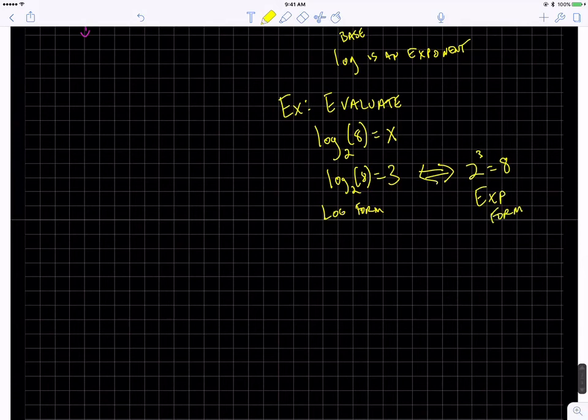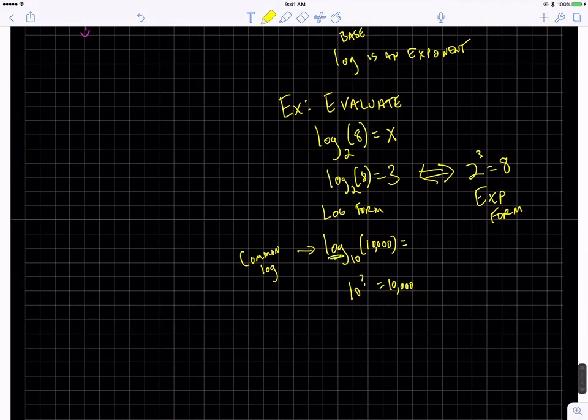Okay? So we'll try another one. Log base 10, which is called the common log, of 10,000. We want to evaluate that expression. It's really saying, what is the exponent of base 10 that would equal 10,000? Remember, that's what log means.